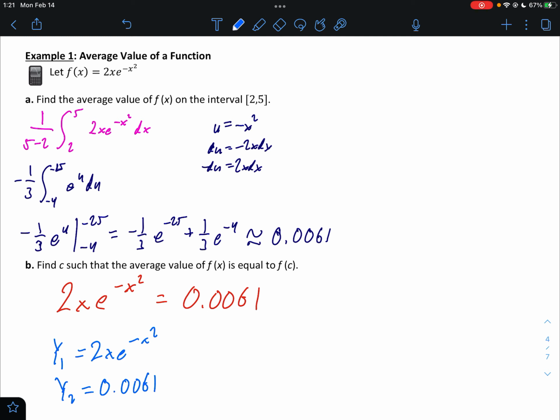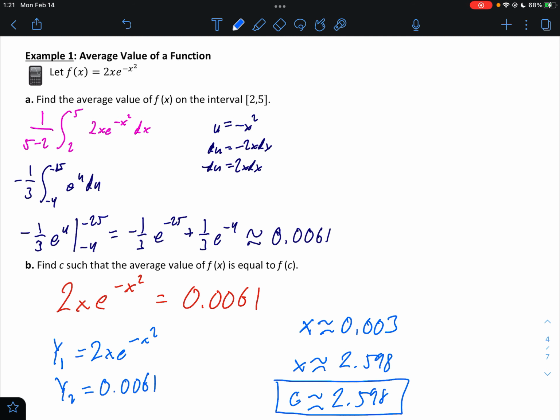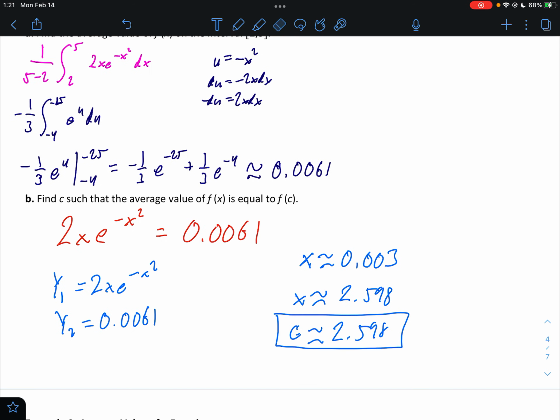On the interval 2 to 5, they actually intersect twice, once at 0.003 and once at 2.598, but the first one is not in our interval, so our c value here is 2.598 and not 0.003, because it's not in the interval.